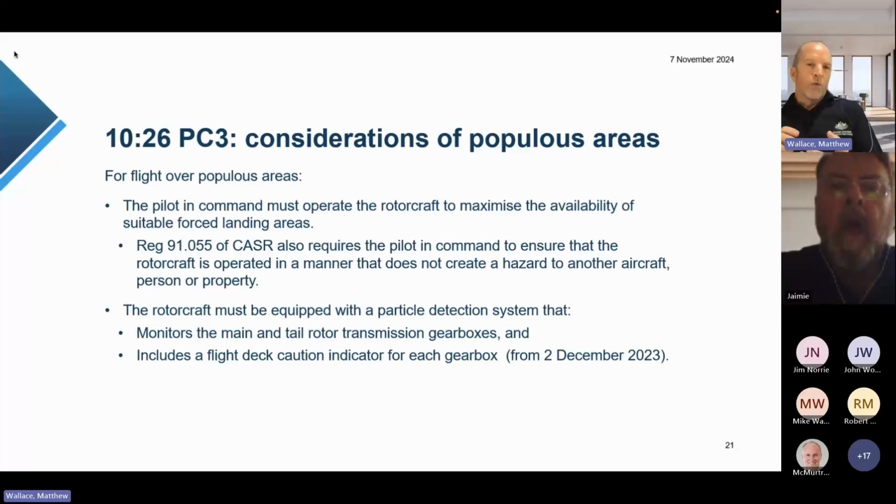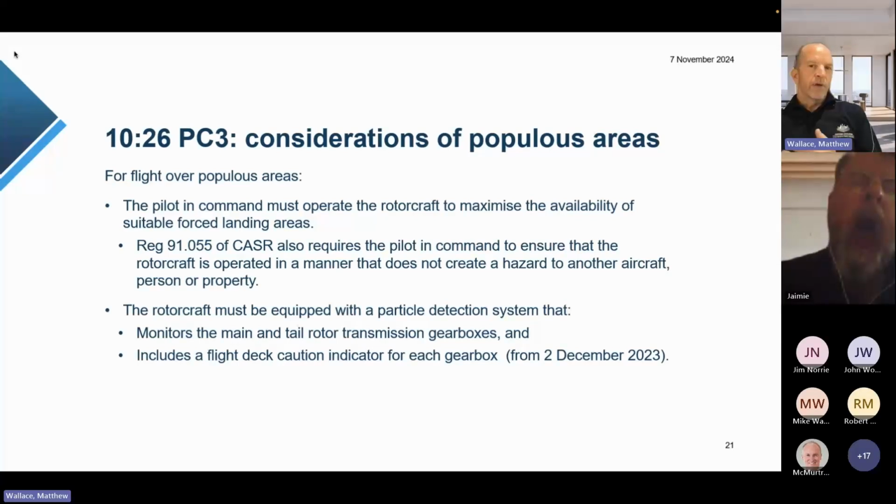All right, what we're doing here is the considerations for flight over a populous area. For flight over a populous area, the pilot in command must operate the rotorcraft to maximise availability of suitable forced landing areas. This ties in with 91.055 of the CASRs, which also requires a pilot in command to ensure that the rotorcraft is operating in a manner that does not create a hazard to other aircraft, persons or property.